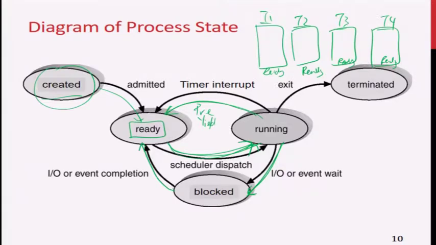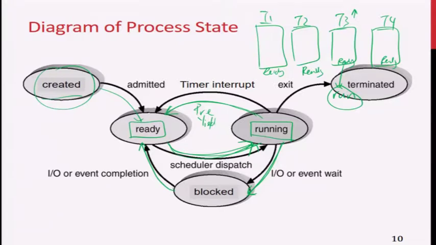Assuming task 3 has the highest priority, it switches from ready to run state. When that happens, the other tasks are still in a ready state, and need to wait for their turn. How will they get their turn?